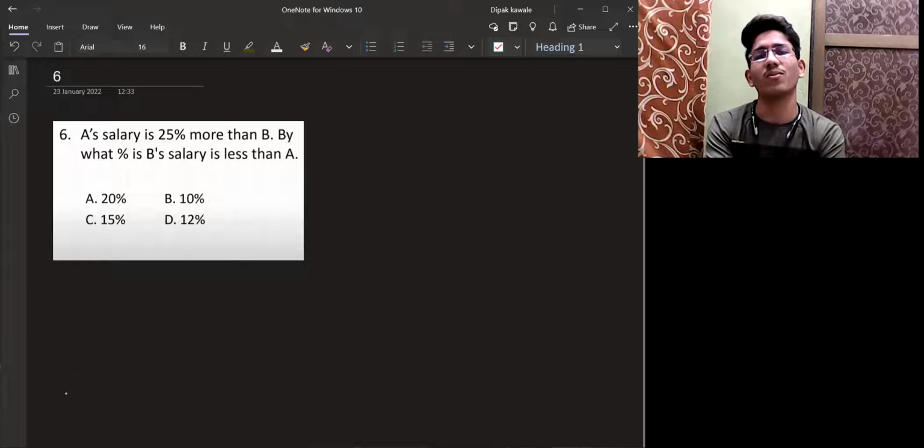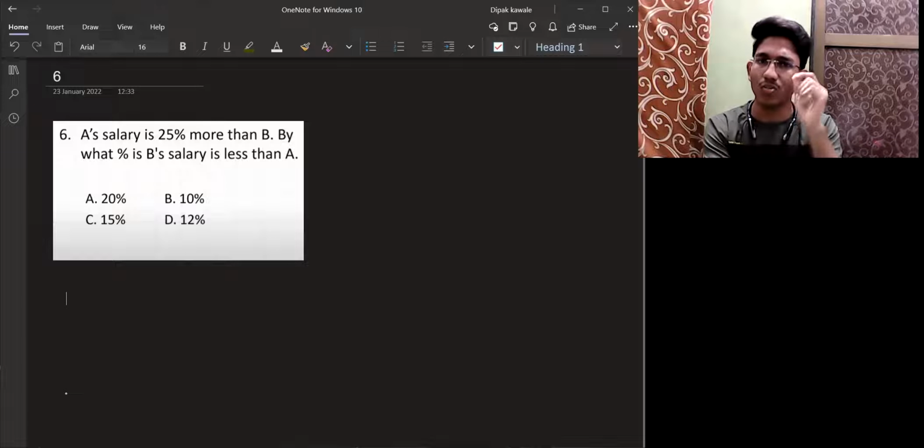So as I already told you students, whenever in the question we don't know the values of the given elements or constituents, we have to assume values. For simplicity, I have told you to always assume the value as 10 or 100. In this case, I will assume 100 for one of them.